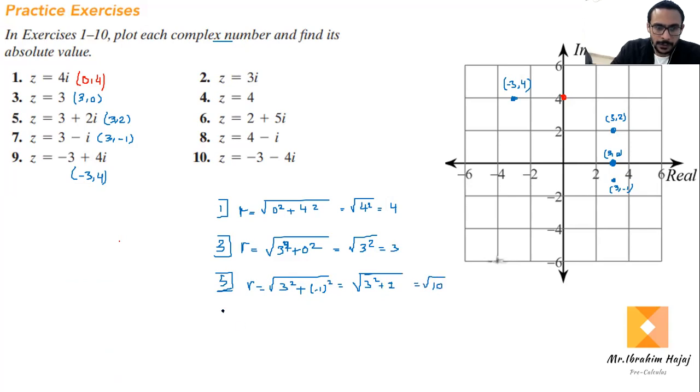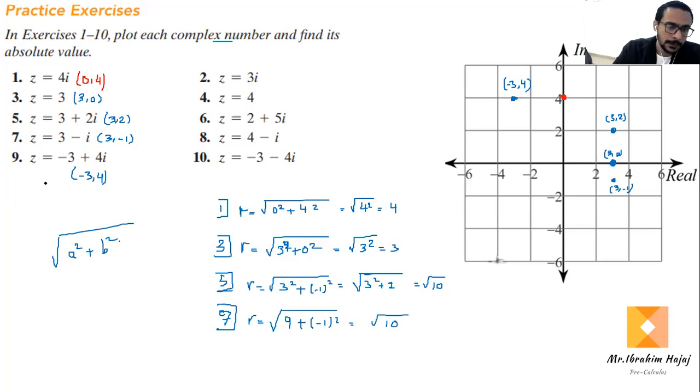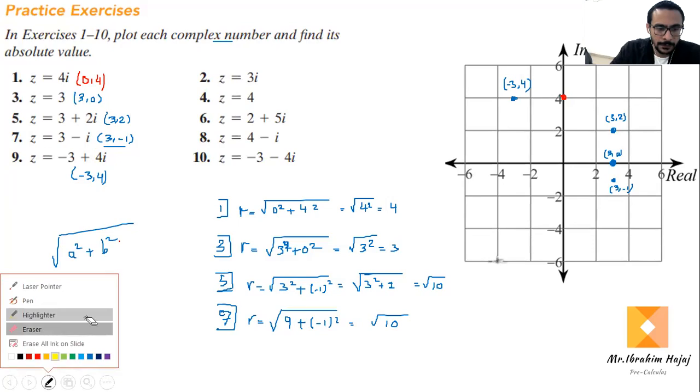Number 7, R, the absolute value, equals the square root of a squared plus b squared. Negative 3 squared is 9, plus b squared. Wait, number 5 is not correct, we have to go back.